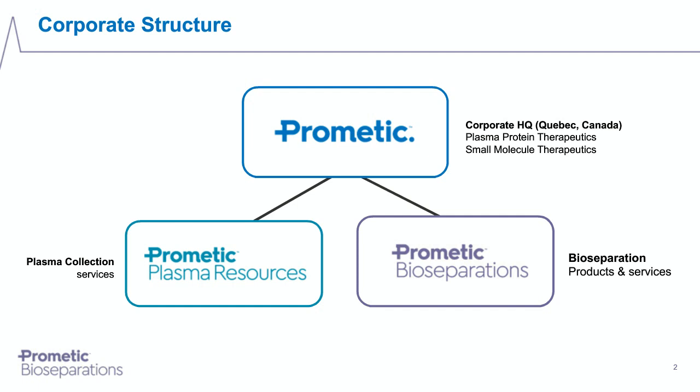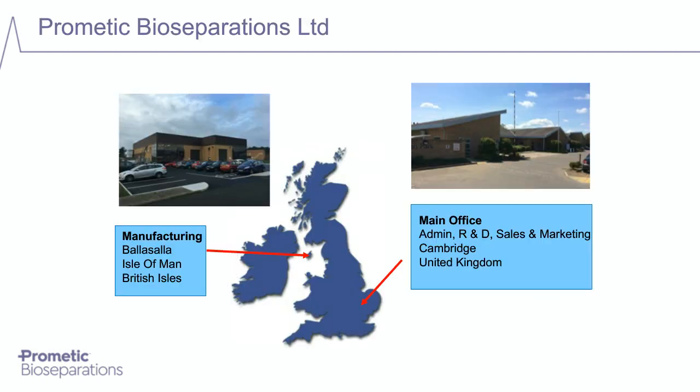So today we'll be focusing on some of the work that we've been engaged in as a part of the Prometic Bioseparations group. Prometic Bioseparations, or PBL, is UK-based. We have our research and development facilities in Cambridge in the UK, and we have our GMP standard manufacturing facilities located just off the north coast of the UK on the Isle of Man.